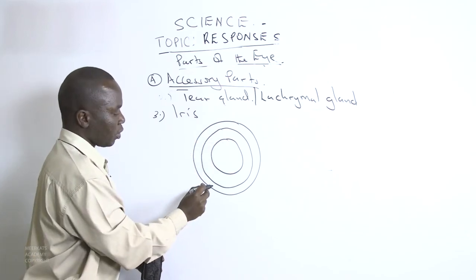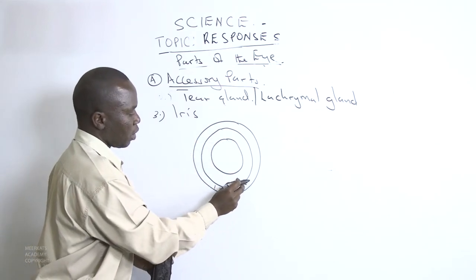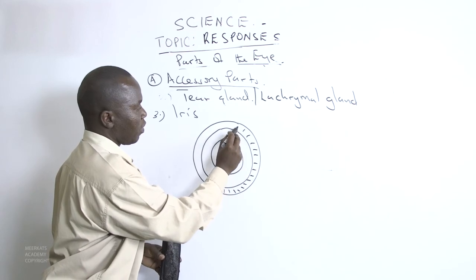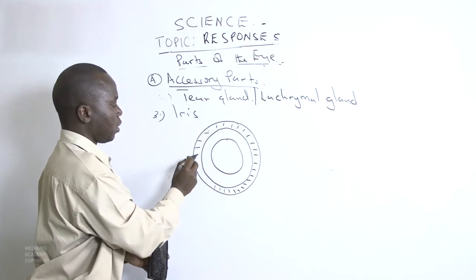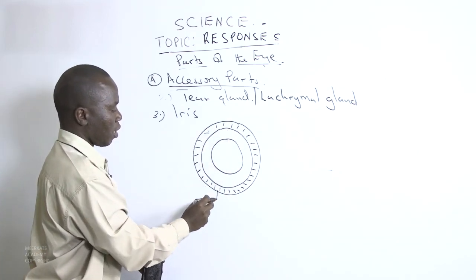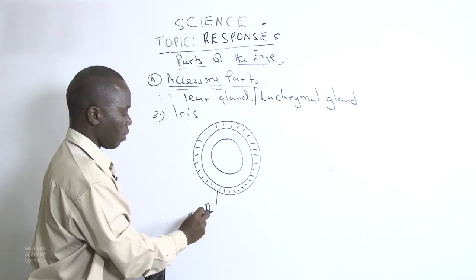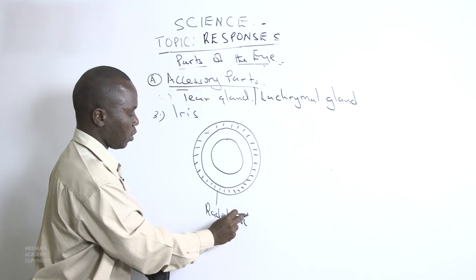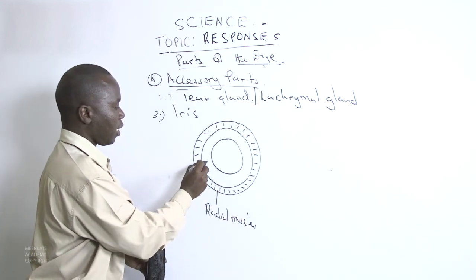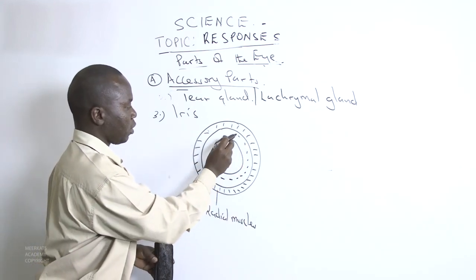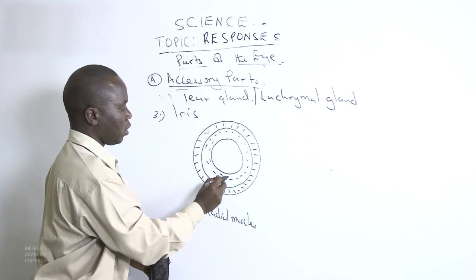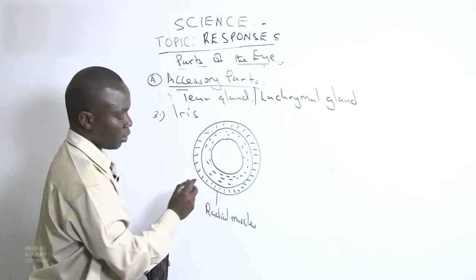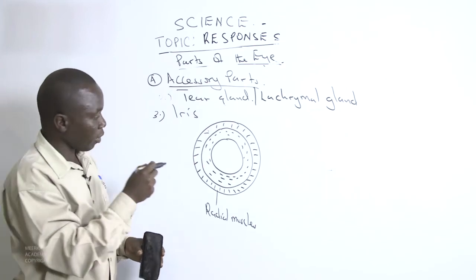The outer muscles of the iris are called radial muscles. Then the inner muscles are called circular muscles.